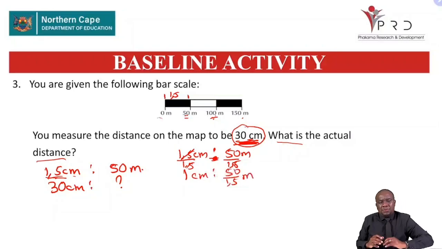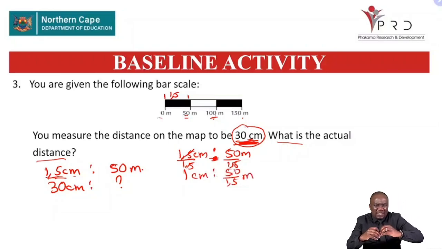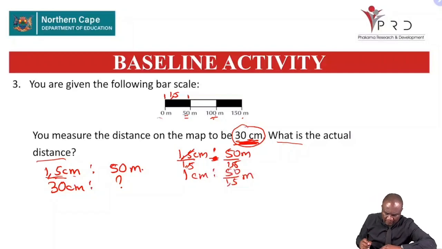Sometimes if I want to write very long decimal numbers, I just leave it as a fraction like that. It's easier to use it as a fraction rather than to write a very long number, because during calculation we cannot round off. Okay, so what about 30 centimeters?